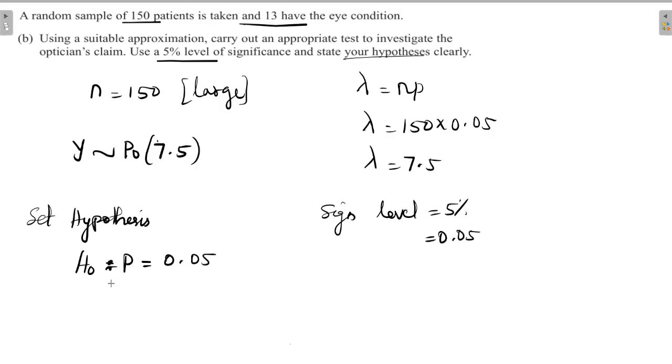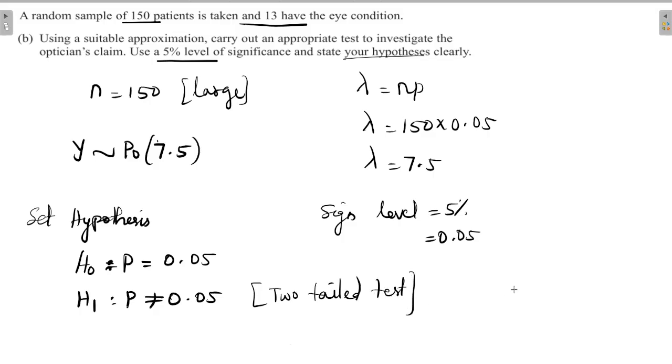Then the alternative hypothesis, denoted by H1, is p not equal to 0.05, because nothing is mentioned here, less than or greater than, nothing is given, so we have to consider not equal to. This hypothesis is a two-tailed test. We are going to check by a two-tailed test.